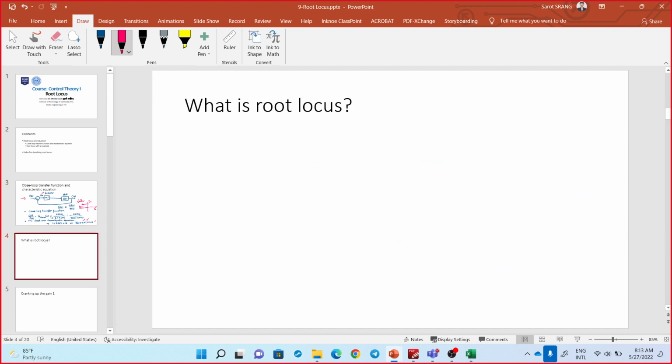So what is root locus? Root locus is all values of s that satisfy the system characteristic equation.